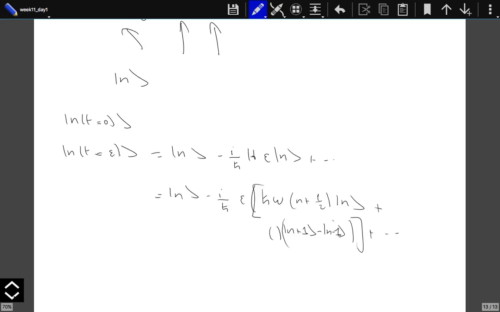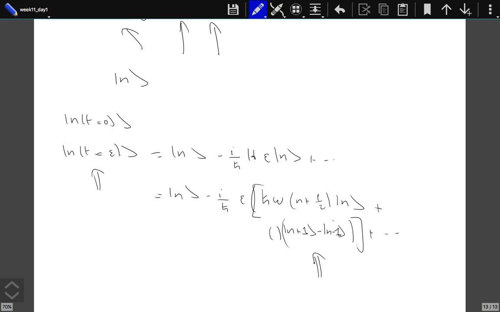Plus additional terms. So you see, even if you start with a definite number of phonons in your system, if there is some kind of time-dependent vector potential, the number of phonons in your system changes with time. This is only a very small amount of time later. There is a finite amplitude that your state contains one more phonon or one less phonon.